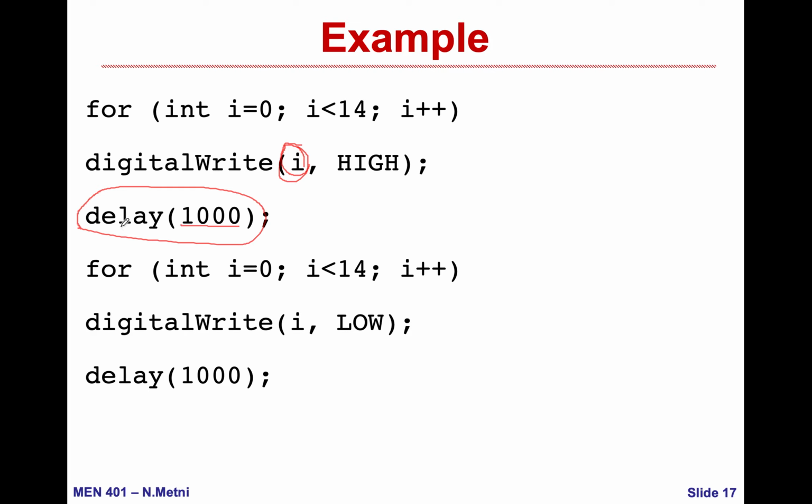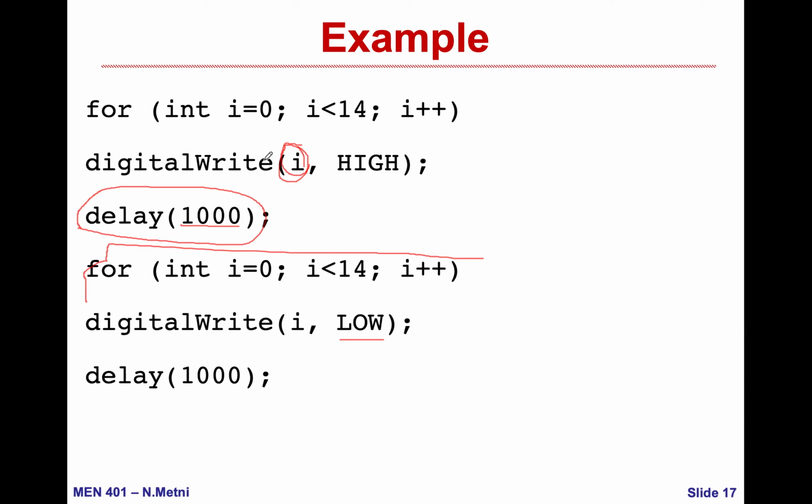So here, delay 1000 milliseconds, the CPU will wait 1 second, and then I will turn the 14 pins low, and then wait 1 second. If this is in the loop, I will go back here and turn the 14 pins high, wait 1 second, turn the 14 pins low, and then delay 1 second, etc., etc., in a loop.